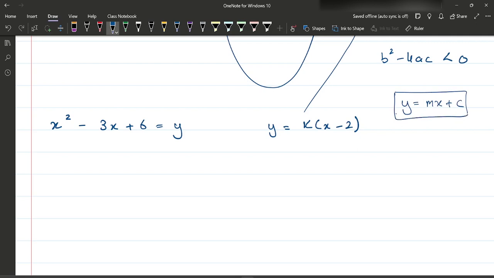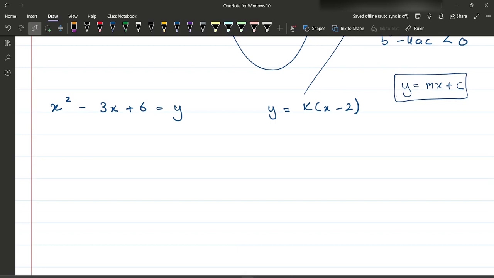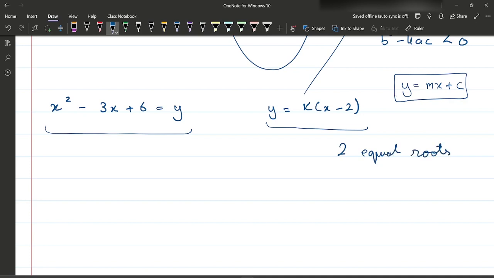It's fun. You're going to learn it anyway. Okay, so the question says the line intersects this curve at two equal roots. When something has two equal roots, that's basically saying the discriminant, b squared minus 4ac, is equal to 0.